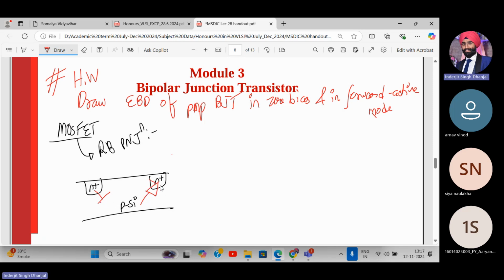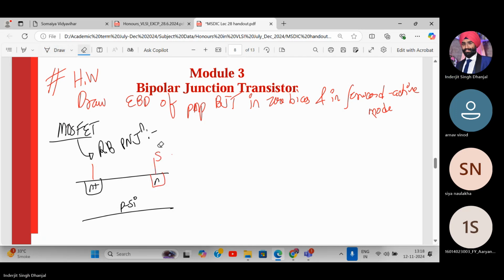So this is the PN junction which we are talking about. This is P, this is N. This PN junction is oriented like this, because the substrate and the gate terminal, this is the drain terminal, this will be the source terminal. We draw over here source, and this is drain, and this is substrate. So basically these will be reverse bias, so that no current should flow directly.